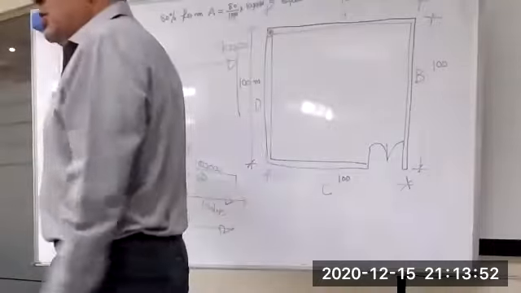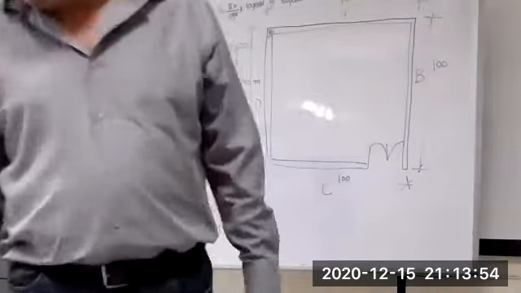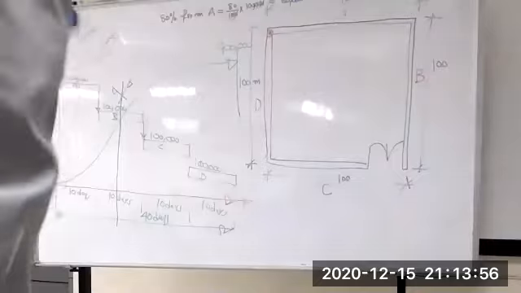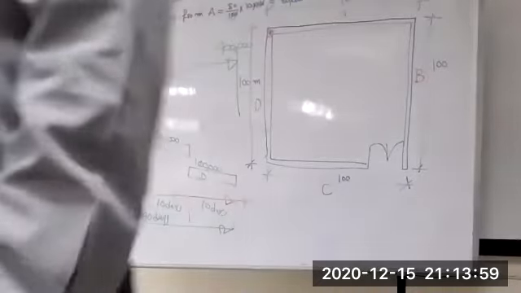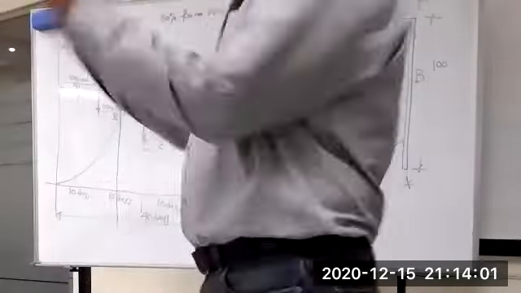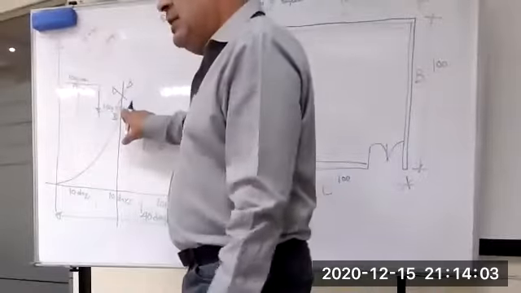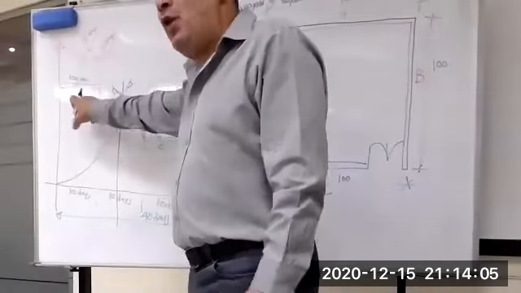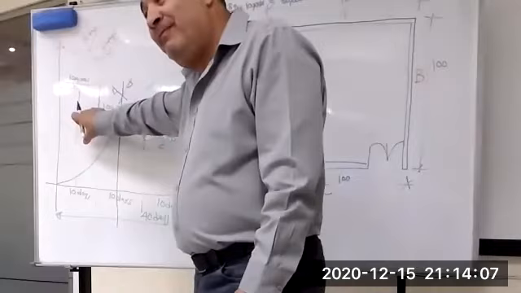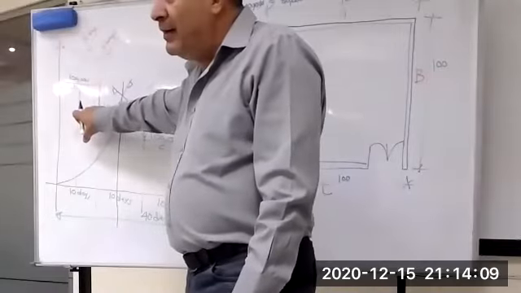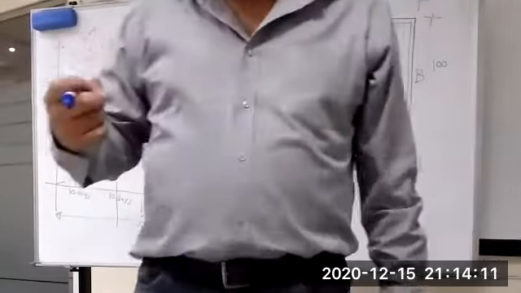Your achievement now, how much? You achieved now in 15 days, how much? 80% from A. Activity A started but not finished.